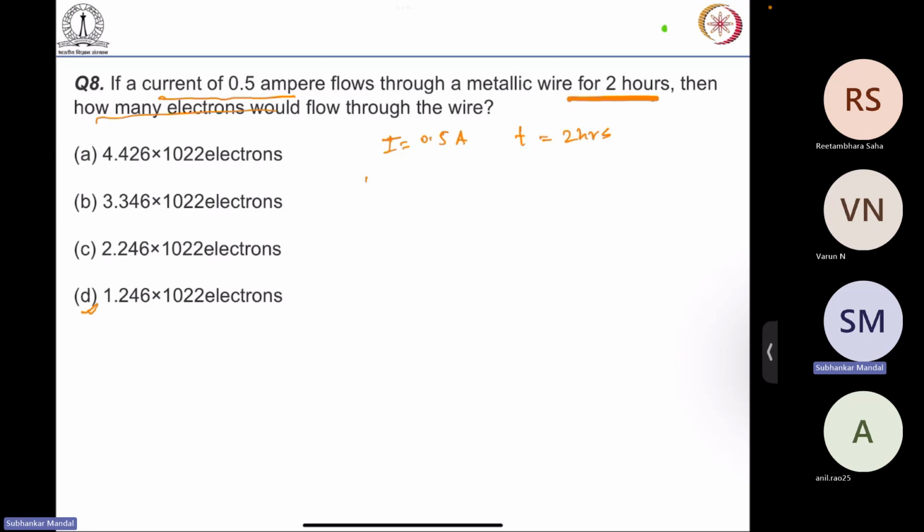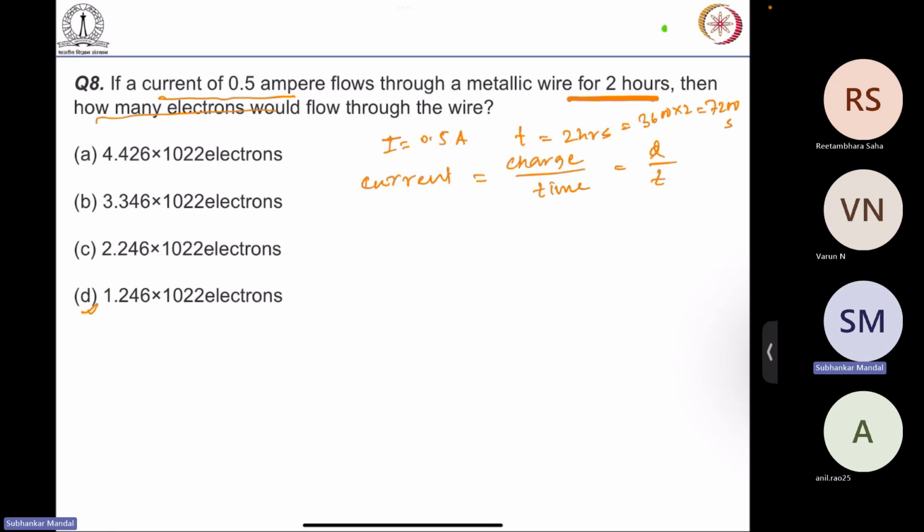What do we know? Current is equal to charge divided by time, that means Q divided by T. This T we can convert to seconds. So 2 hours is 3600 into 2, 7200 seconds.